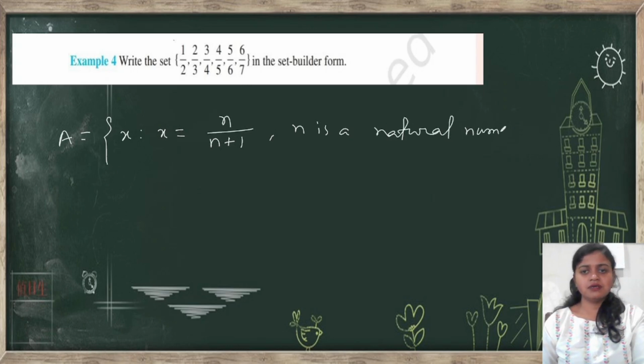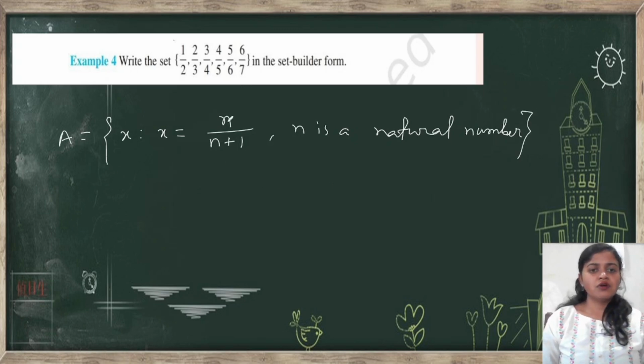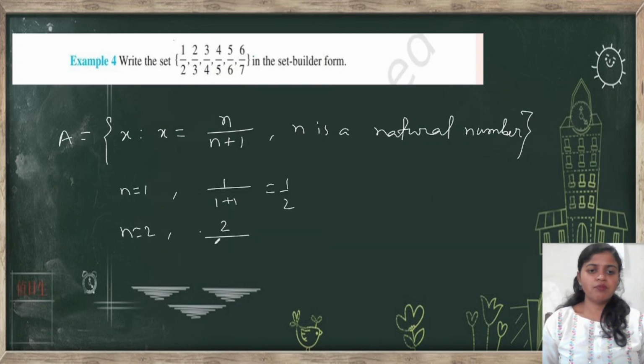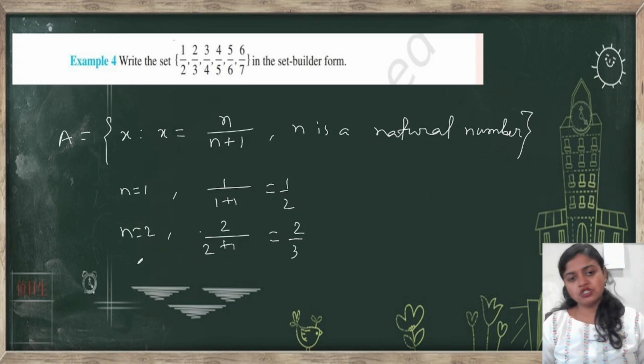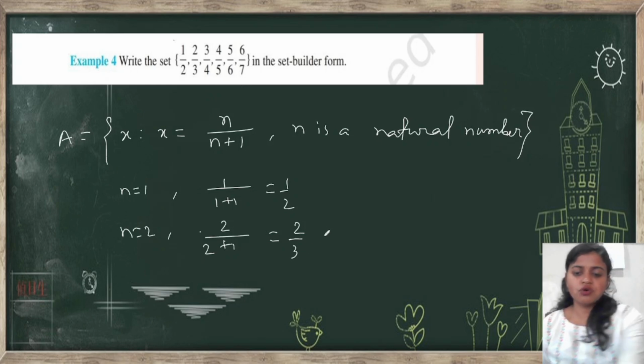Clear? If I put n equals 1, I get 1 by 1 plus 1, that is 1 by 2. If I put n equals 2, 2 by 2 plus 1, I get 2 by 3. For n equals 3 we get 3 by 4, for n equals 4 we get 4 by 5, and so on.